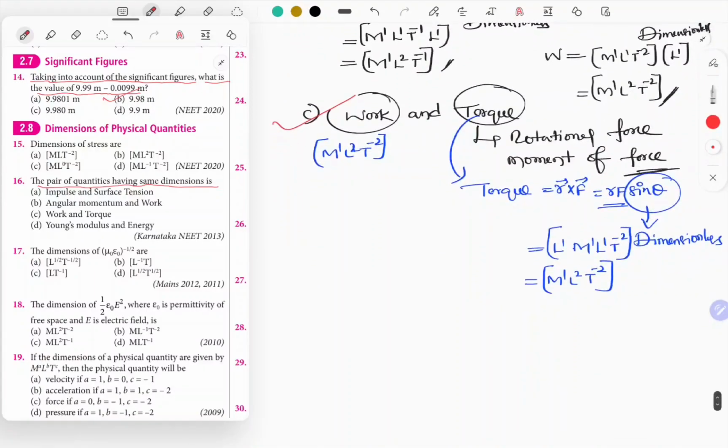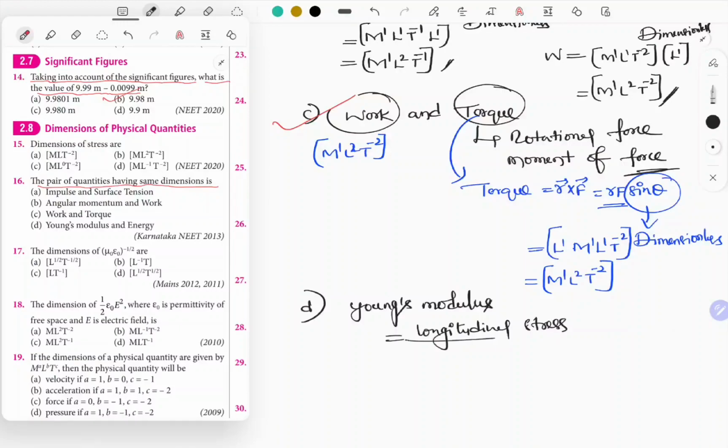Let me check Young's modulus and energy also. So you should understand, right? Okay, option D, Young's modulus. Young's modulus of elasticity, its complete name, is defined as stress by strain, which is equal to longitudinal stress divided by longitudinal strain.